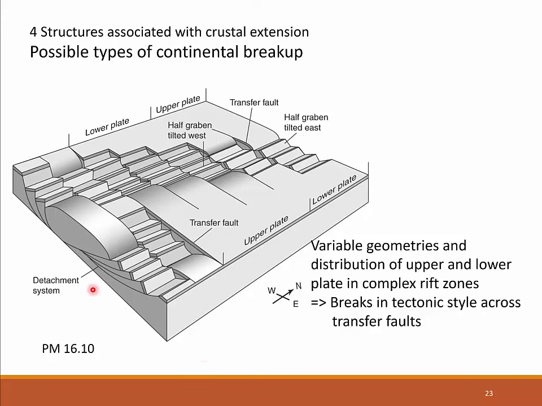If we would approximately indicate where the lithospheric thinning is most intense, or the asthenospheric upwelling is most intense, we probably would find that in the pure shear segments here in the front, somewhere in the middle of the rift basin, we find the most intense crustal thinning.